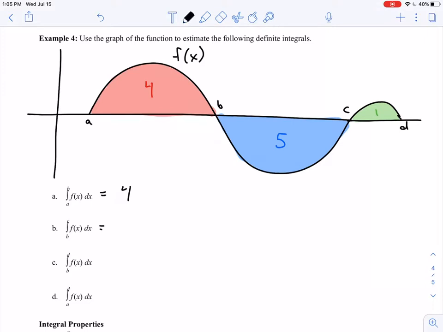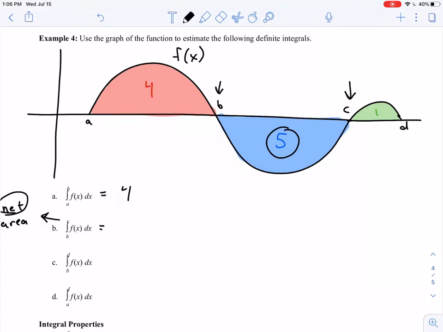Next, I've got the definite integral from b to c of f of x. Starting at b, working our way over to c, what is the net area bounded by our function? Here our area is 5. But remember that this definite integral represents net area, and when we talk about net area, we count area that falls below the x-axis as negative.